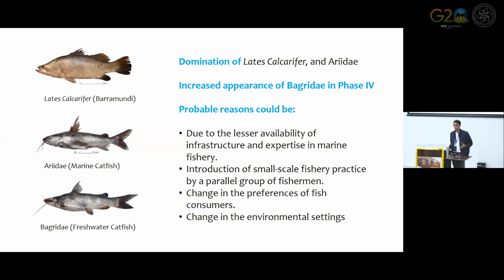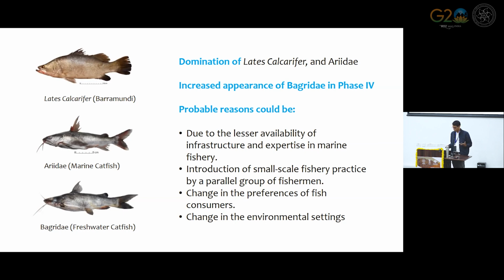Towards phase 4, or the post-urban phase, there is an increased appearance of Bagridae, as I mentioned before. This is very interesting because this fish has a preference for freshwater environments. These are not usually found in estuarine environments. That means during this period, freshwater environments were exploited slightly more.